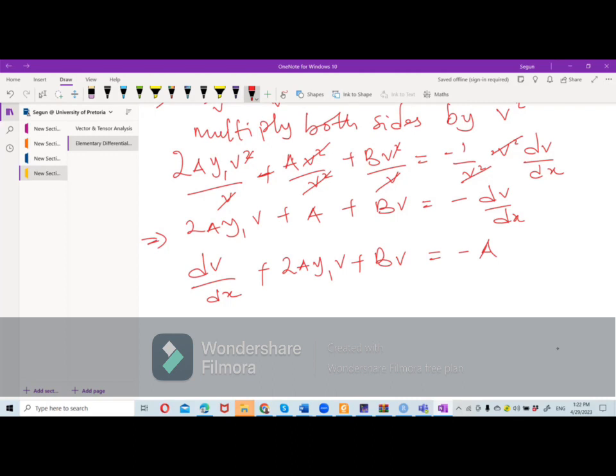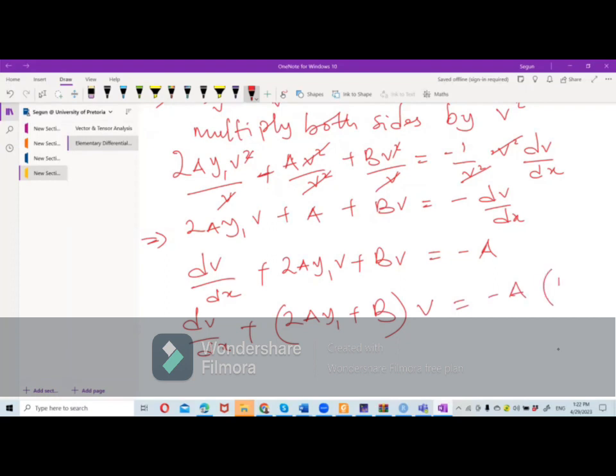Then I can collate this together by saying a dv dx plus v is common here: 2a y1 plus b in brackets times v equals minus a.